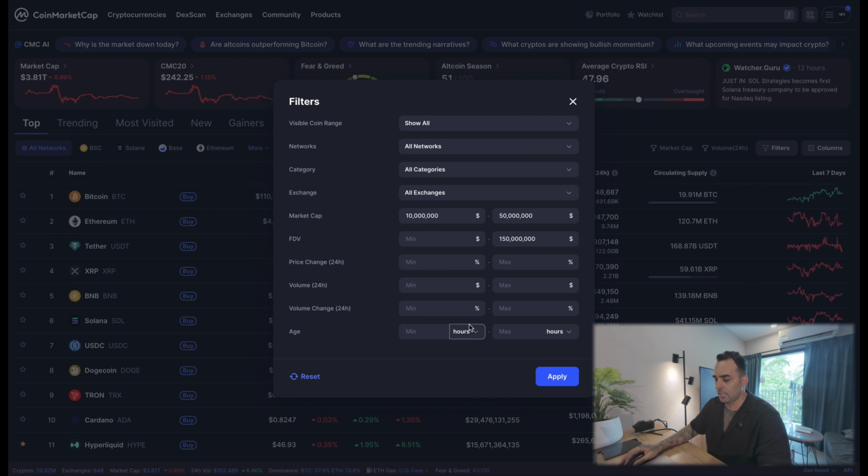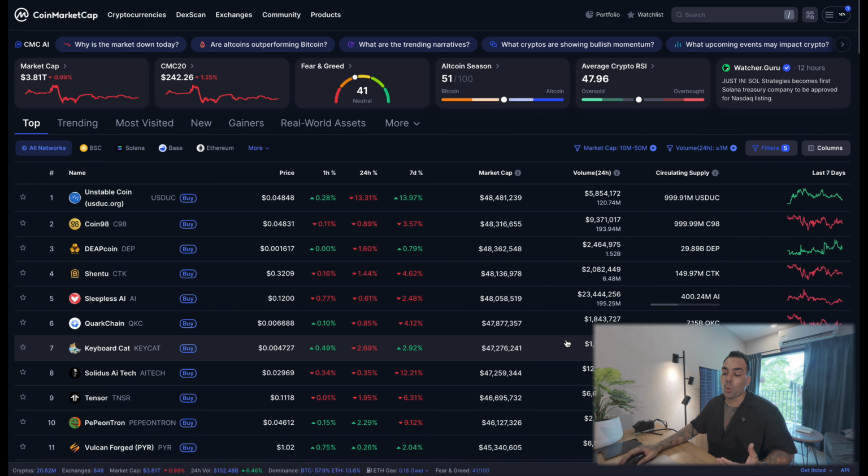We also want at least a month. That's all I care about. And for the volume, because these are big market cap projects, we want volumes above $1 million, at least $1 million, because it is important for a project to have a lot of volume. So now, apply, and then we're going to be finding all these coins.